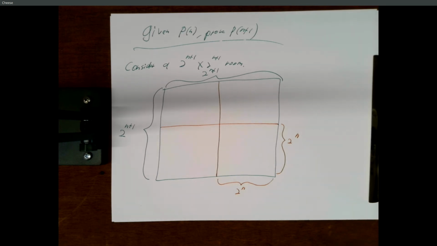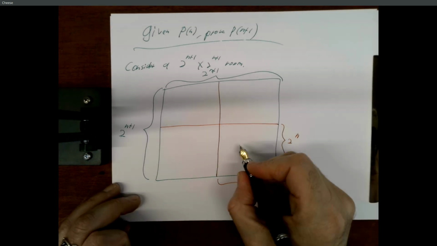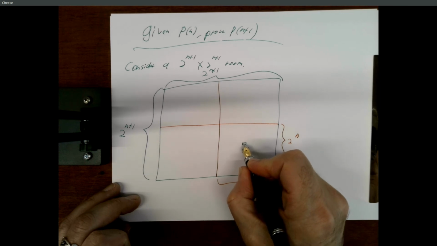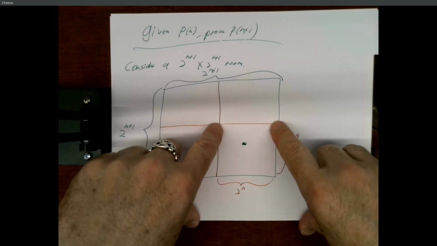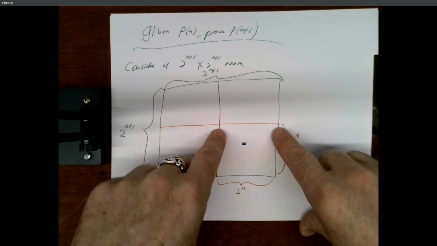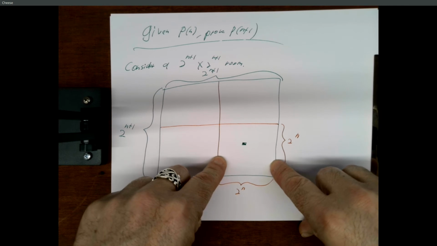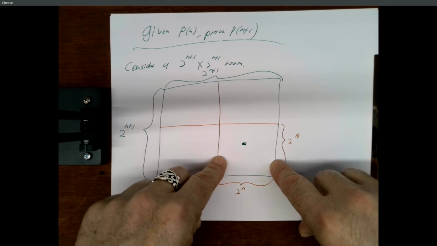Now one of these quarters is missing a tile somewhere. Okay, let's suppose that there's a tile down here in this lower right quadrant that we do not want to cover. Question, can we tile the remainder of this quadrant using L-shaped tiles? How do we know?